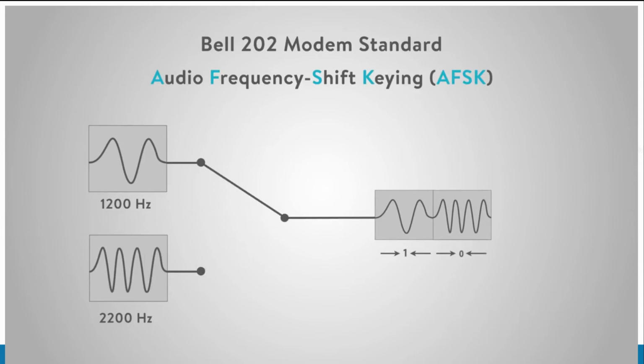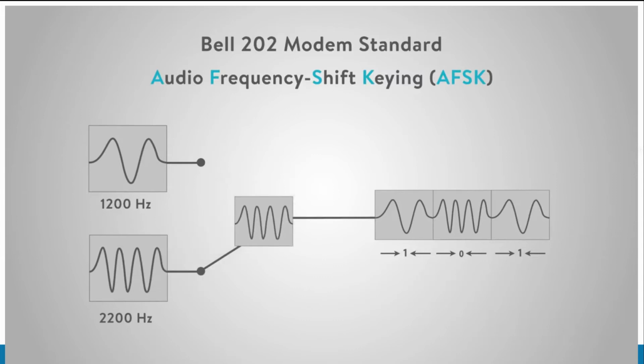Basically, it provides a continuous signal as an AC sine wave that shifts its frequency from 1,200 Hz, indicating a binary value of 1, to 2,200 Hz to indicate a binary value of 0.